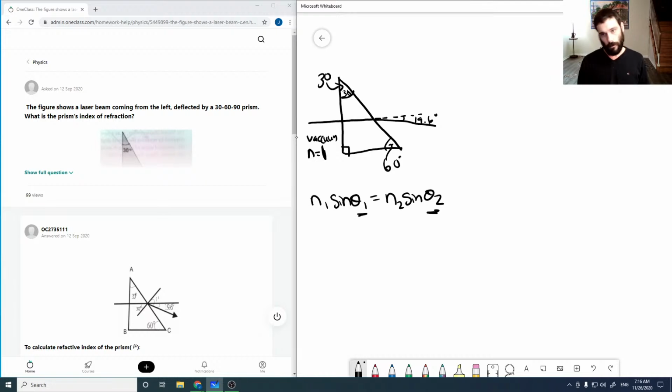So in this case, we need to draw a perpendicular to the surface where the refraction occurs, and then that will be theta 1, and that will be theta 2. Okay? So in this case, this is a similar triangle to the one that's set up. So theta 1 is just equal to 30 degrees.